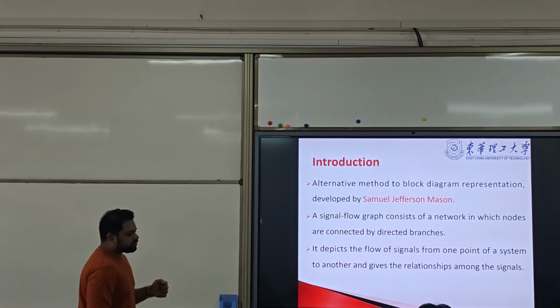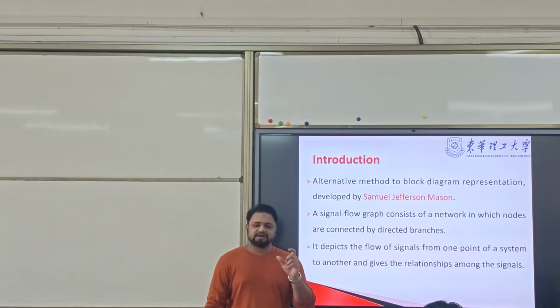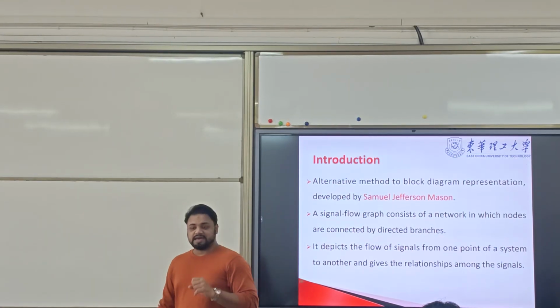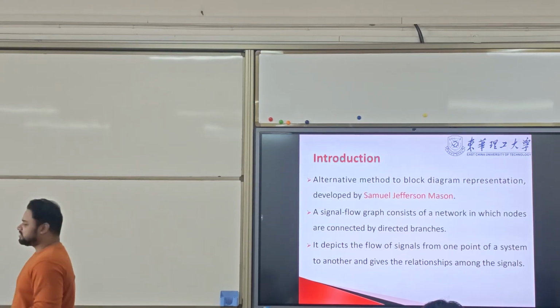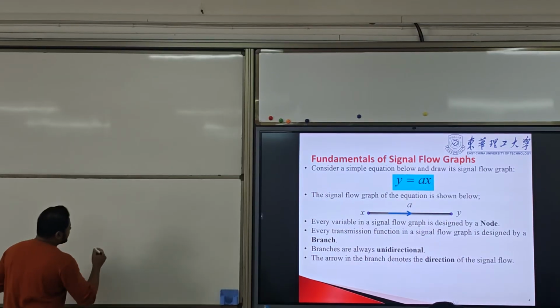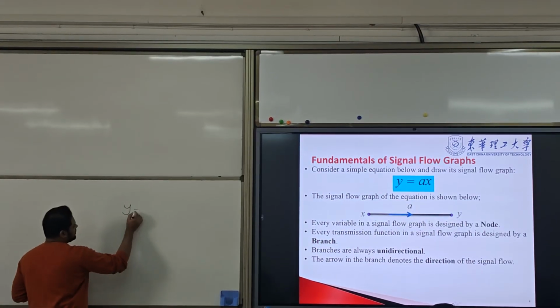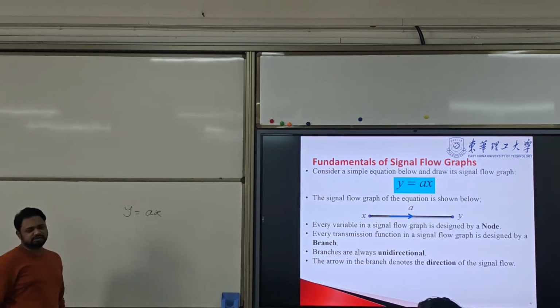A signal flow graph consists of a network, where there are some nodes and branches. Suppose we have an example, y is equal to ax. We already know it is a simple equation.